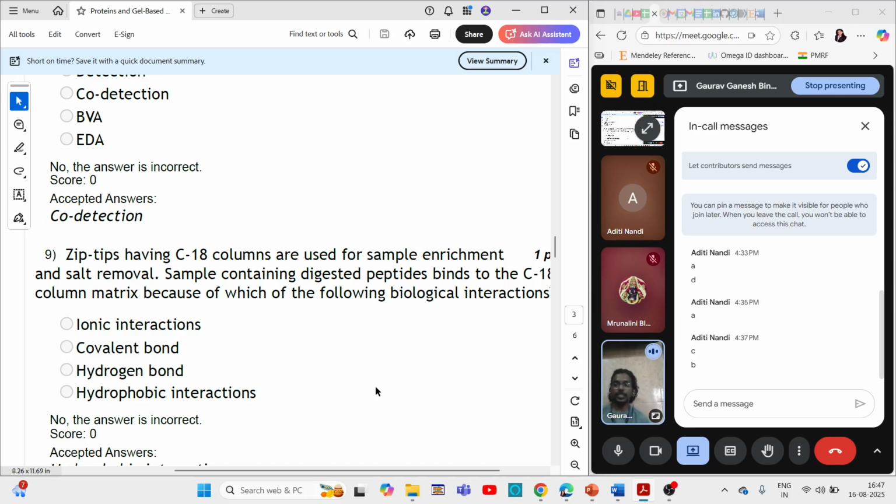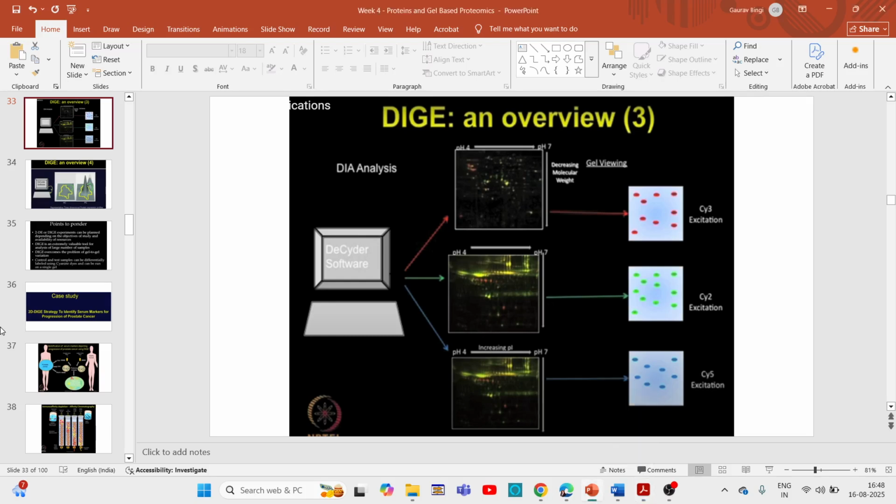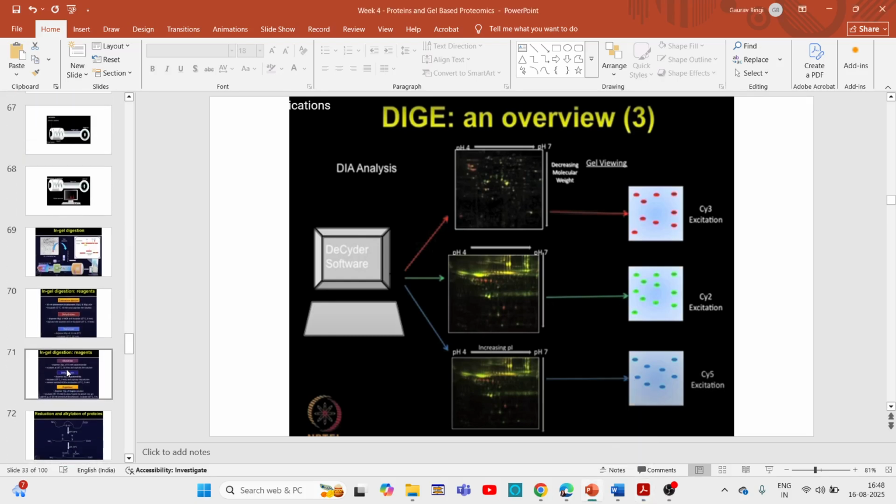It can be either ionic, hydrogen or hydrophobic, but it cannot be covalent, because if you think about the C18 column matrix, if it is covalently attached, then you will not be able to elute that specific protein and add it onto the MALDI plate. So that's how this ZipTip looks.